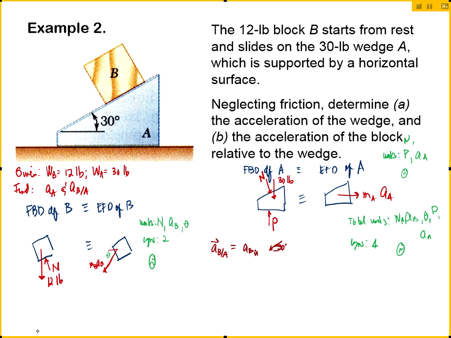And then we looked at the free body diagram of A, and how many unknowns do we have? Normal force and normal force P, and the acceleration of A. It also has 3 unknowns.